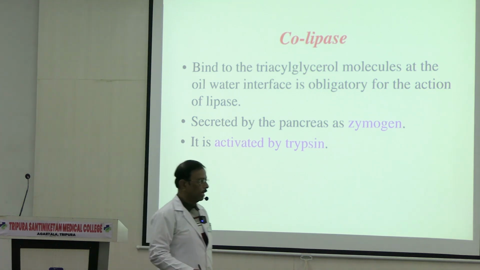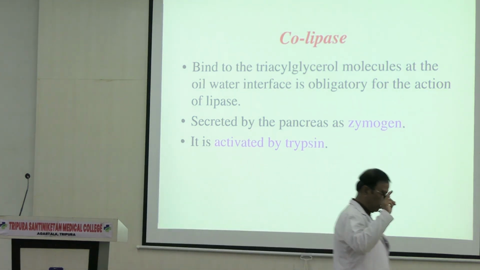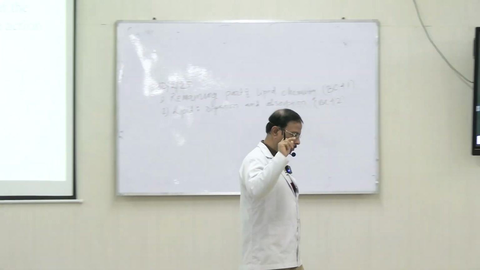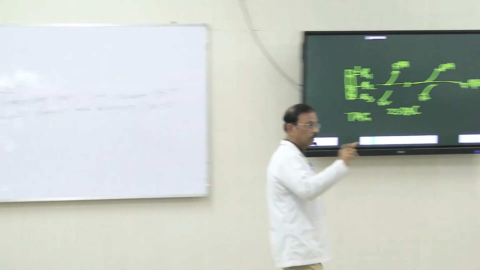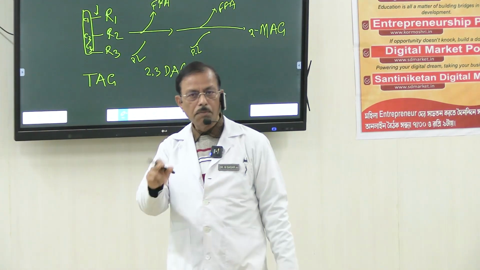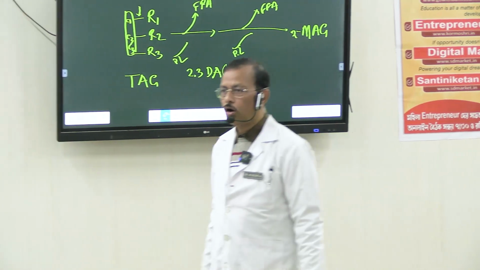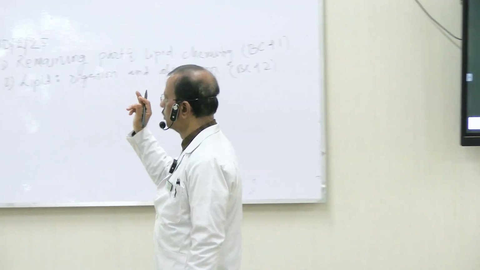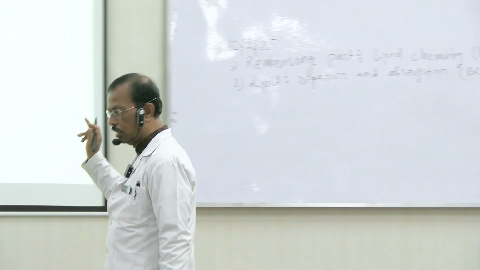Now one thing is that the bile contains bile salts plus bile acids. These bile acids have an inhibitory action on pancreatic lipase.